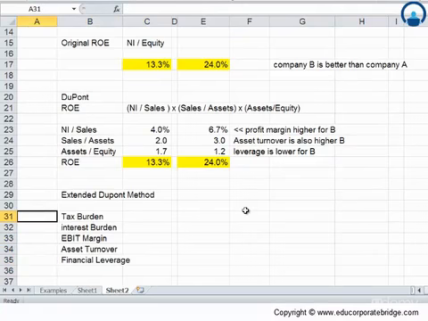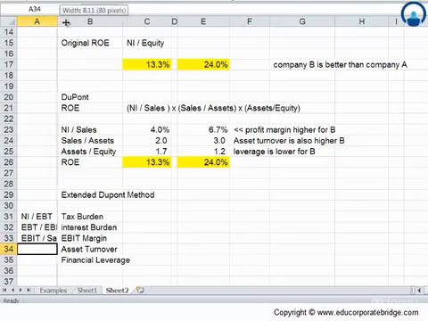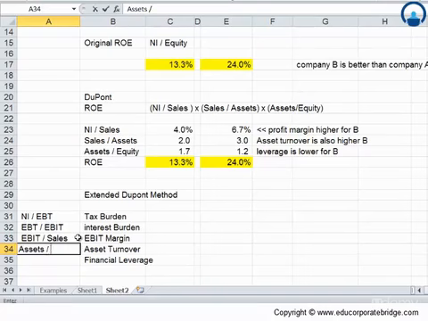What is tax burden? This is basically net income divided by EBT. Interest burden is EBT divided by EBIT. EBIT margin is EBIT divided by sales, asset turnover is sales divided by assets, and financial leverage is assets divided by equity.